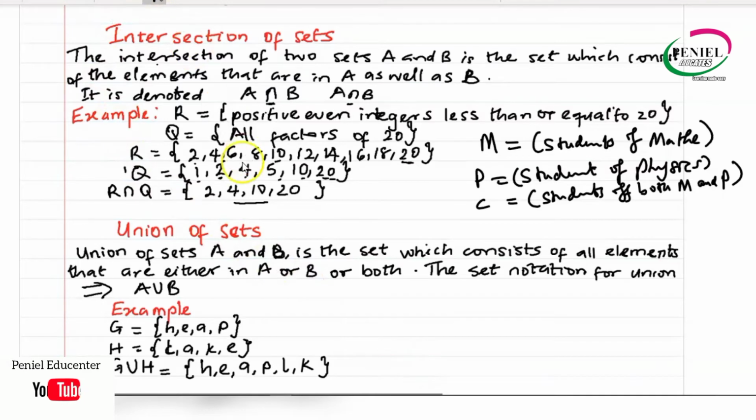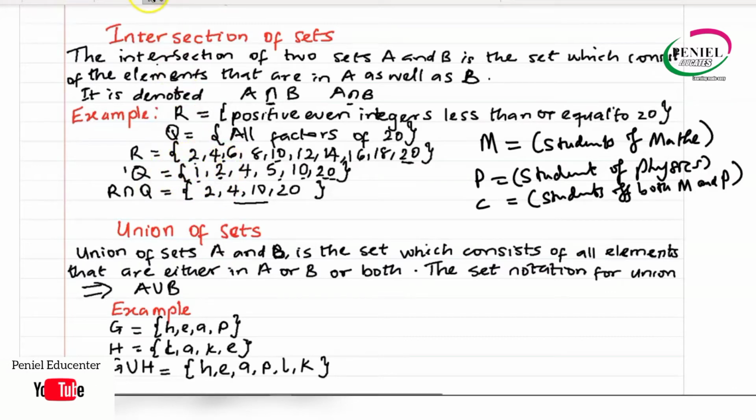All right, so if you look at the other example here, we have R as 2, 4, 6, 8, 10, 12, 14, 16, 18, and Q to be 1, 2, 4, 6. So R intersect Q will be the elements that both R and Q have in common.